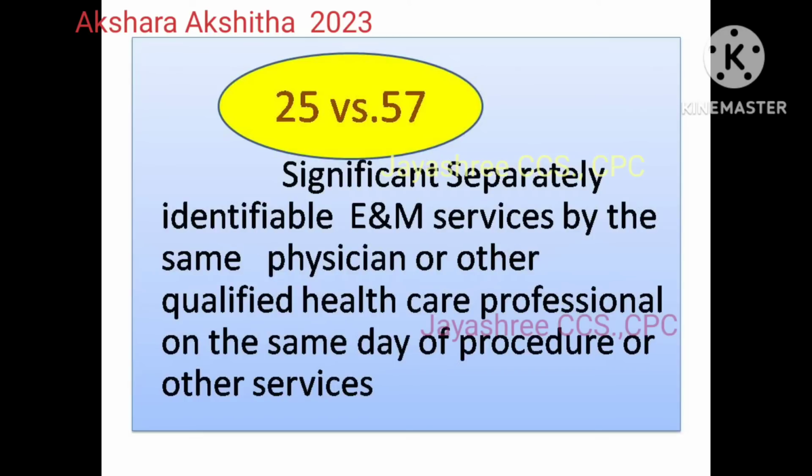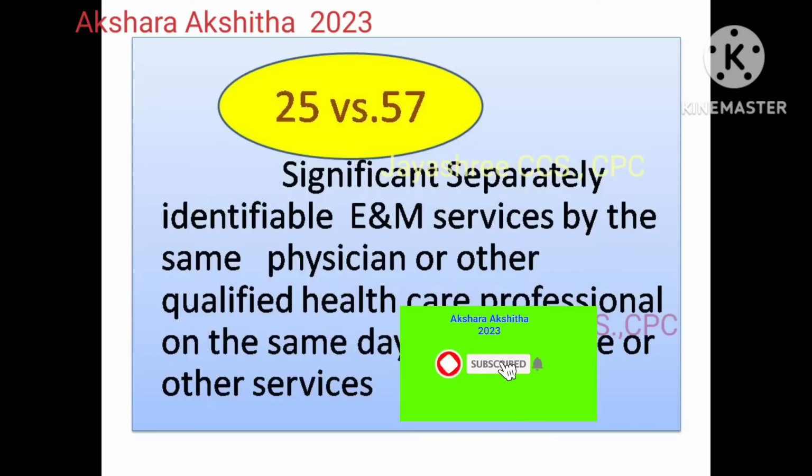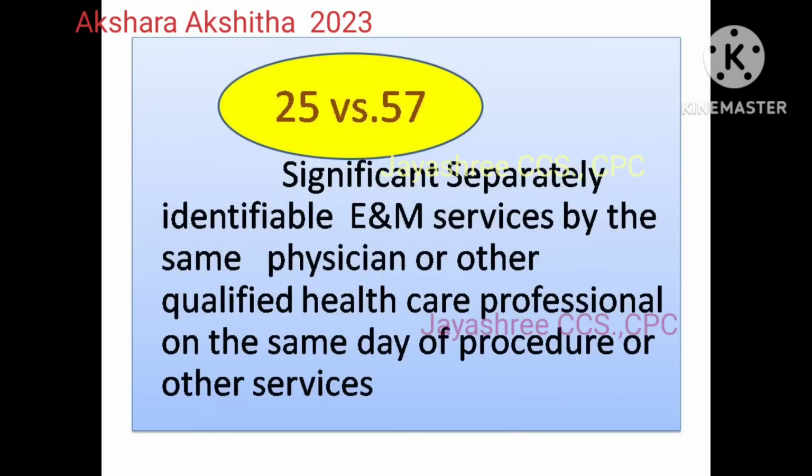If it is same day E&M services and the patient is also undergoing surgery, that surgery is either a minor procedure or a major procedure. So we need to look into the report only, to see whether that surgery is minor or major. Based on that, we are going to append these two modifiers.